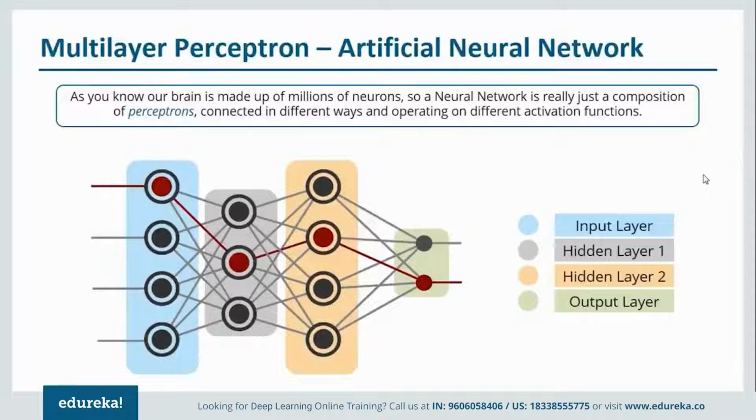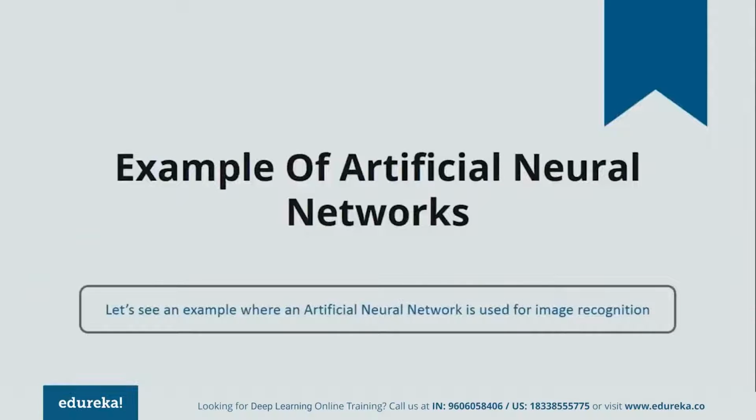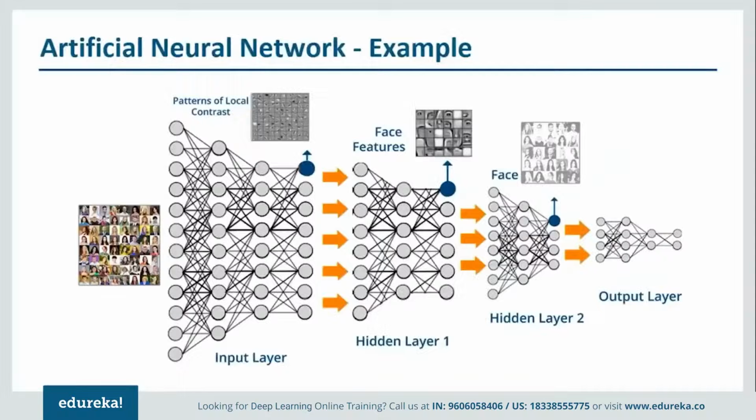Now let me explain you this with an example. So over here I'll take an example of image recognition using neural networks. So over here what happens, we feed in a lot of images to our input layer. Now this input layer will actually detect the patterns of local contrast and then will feed that to the next layer, which is hidden layer 1. So in this hidden layer 1, the face features will be recognized.